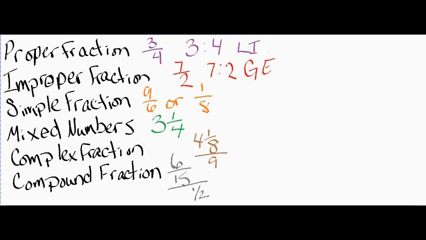In a simple fraction, it doesn't really matter which number is larger or smaller. The focus is just that you're working with integers the entire time. So in this first one, our numerator becomes the antecedent, our denominator becomes the consequent. 9 is larger than 6, so we have a ratio of greater inequality.